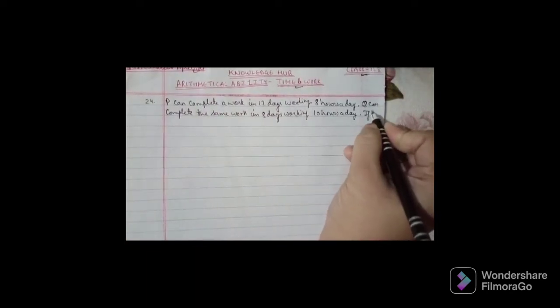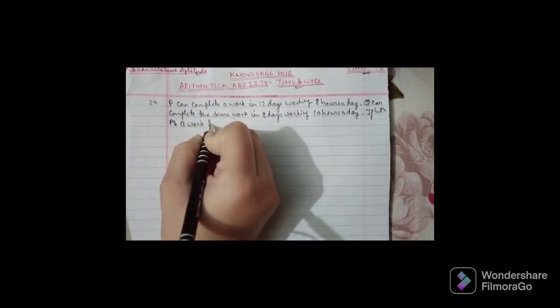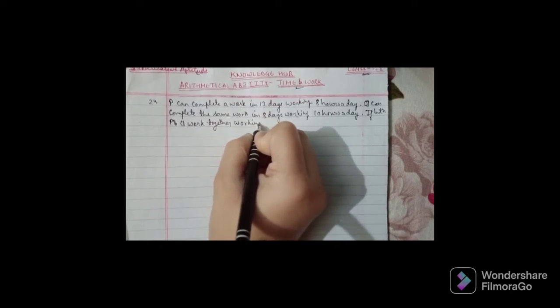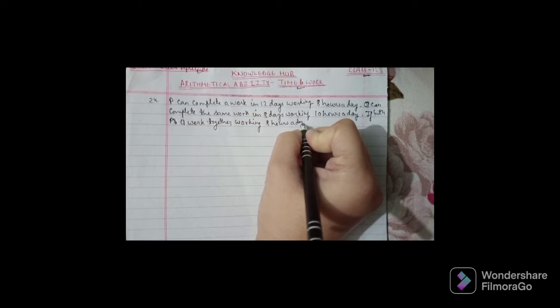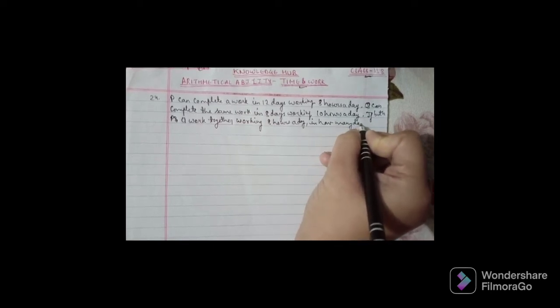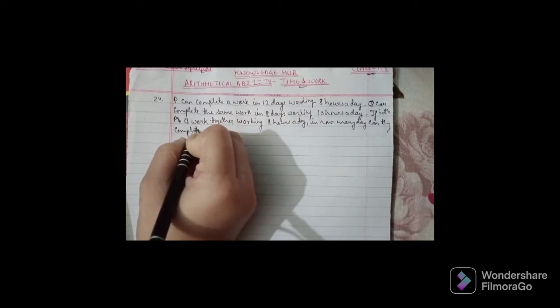If both P and Q work together, working 8 hours a day, in how many days can they complete the work?